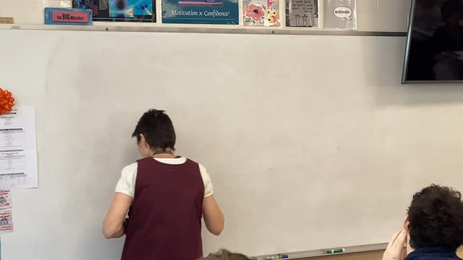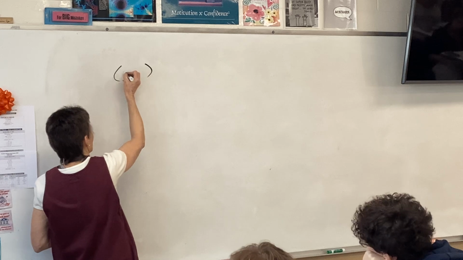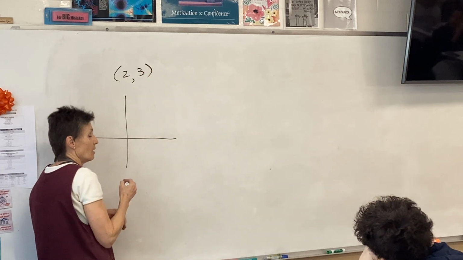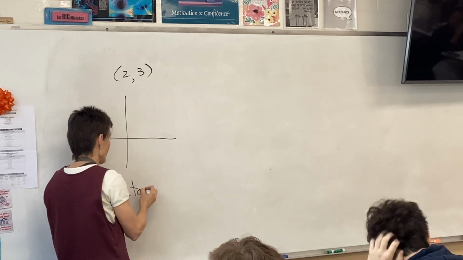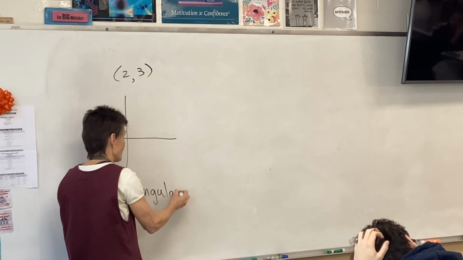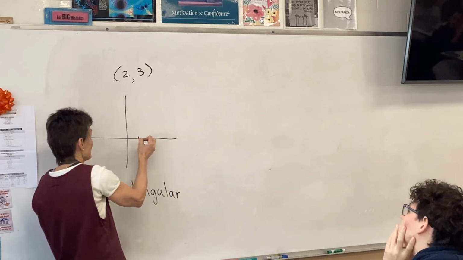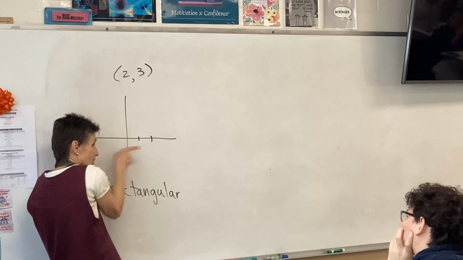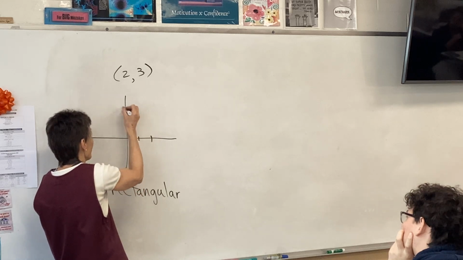All your life up to this point, when you have found an ordered pair, like 2, 3, you have plotted it on what we call the rectangular coordinate system, the Cartesian coordinate plane. The reason it's called rectangular is because to plot that point, you count right or left and up or down.